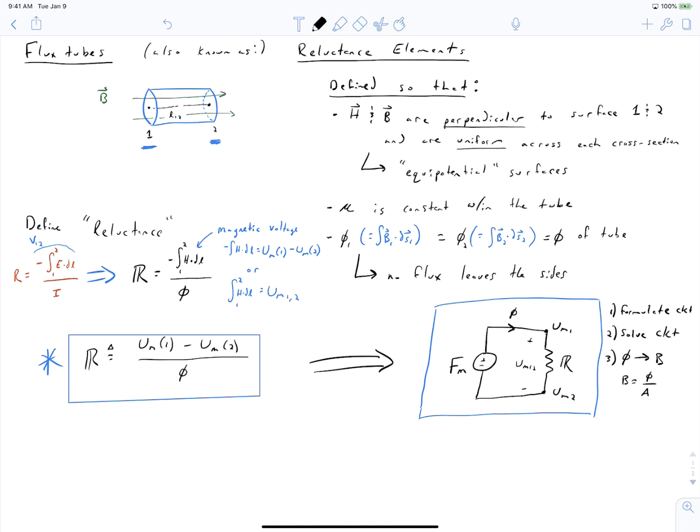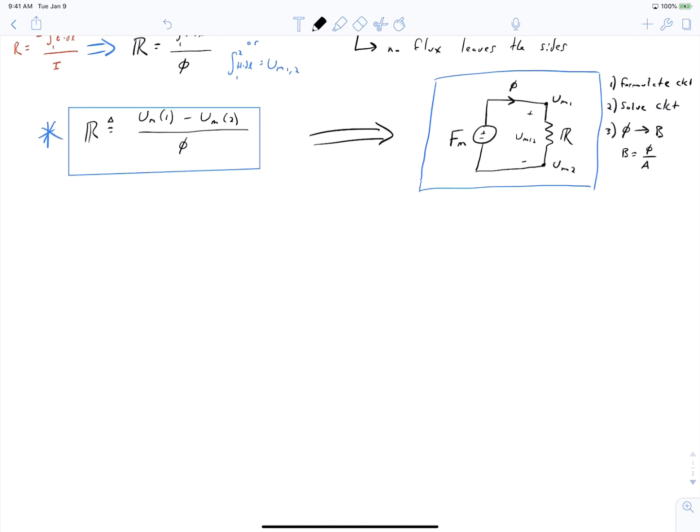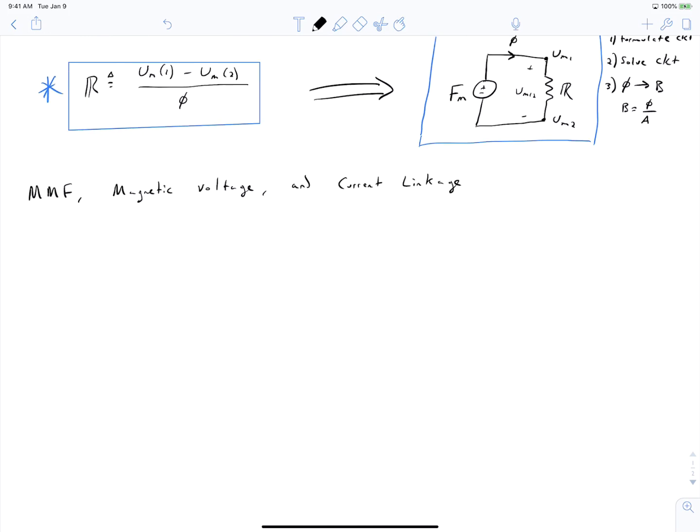Okay, let's take a step back now and talk about MMF, magnetic voltage, and current linkage. These are terms that you will see throughout your study of electric machine design. They can be somewhat ambiguous, so it is nice to have a clear definition before you immerse yourself in this world. So we've previously said that MMF is equal to the closed loop integral of H dot dl.